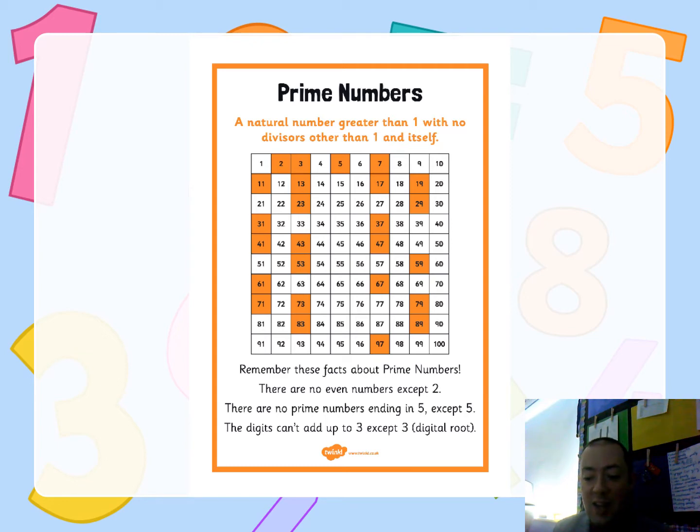Instead, you've just got a text thing where you can write in what the prime numbers are, and hopefully you should be able to see all the questions as you write on the text thing, because the questions are all in the description. So these are the prime numbers: 2, 3, 5, 7, 11, 13, 17, 19, etc. You can only divide these by 1 and themselves.